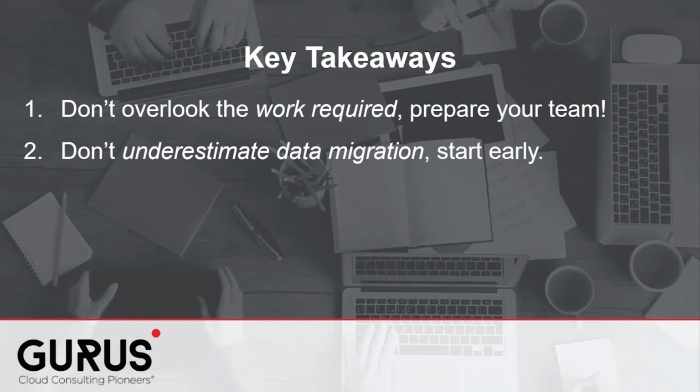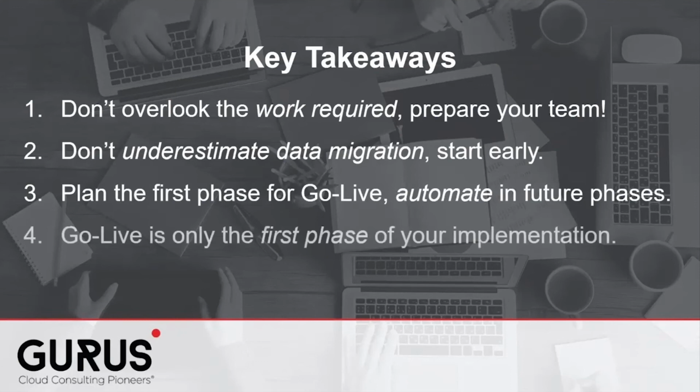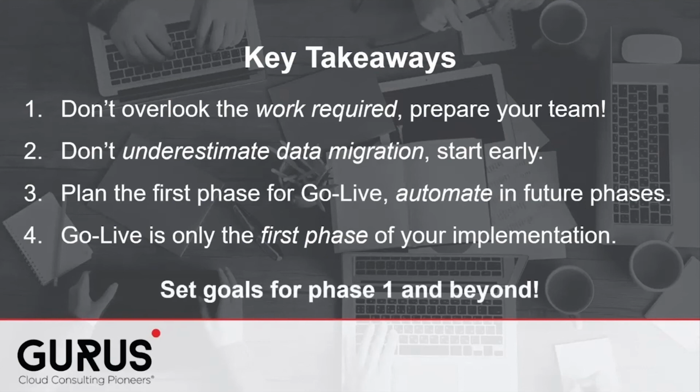Be sure to see data migration activities in the proposals you consider, or you could be in for a surprise. Third, plan the first phase to go live, but of course, plan to continue to automate in future phases. This allows for an easier implementation with less cost and effort. Finally, remember that Go Live is only the first phase of your implementation, so it's important to set goals for phase 1 and beyond.